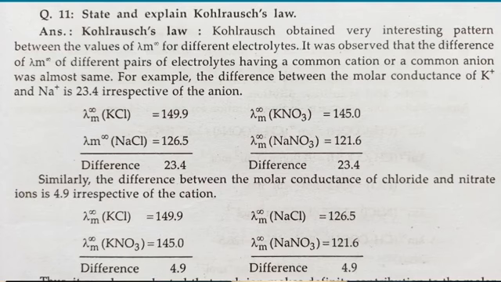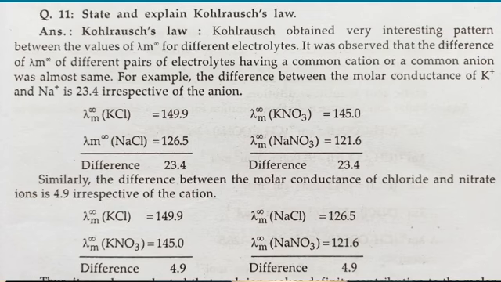The difference is 4.9. In the same way, lambda infinity m for sodium chloride is 126.5 and lambda infinity m for sodium nitrate is 121.6, and the difference is 4.9.